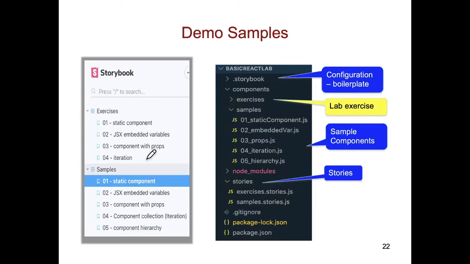What I'm showing you here on the screenshot is how I've approached demonstrating the samples, and this will be, as I said, part of the lab. You'll get the zip file associated with these demos from the actual lab itself.